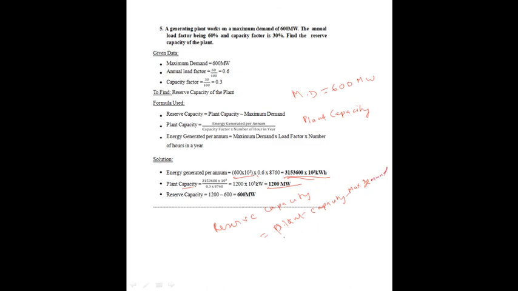Plant capacity is coming around 1200 megawatt minus, and the maximum demand is given in the question 600 megawatt. So answer will be for reserve capacity, it will be 600 megawatt.